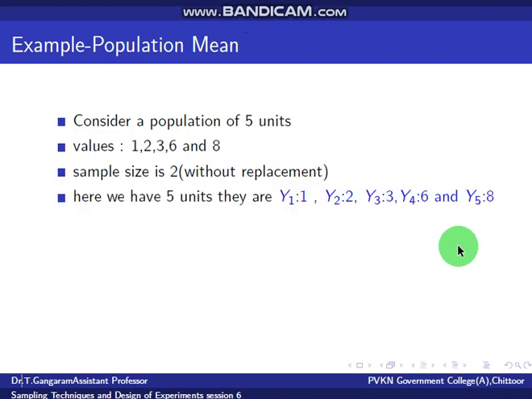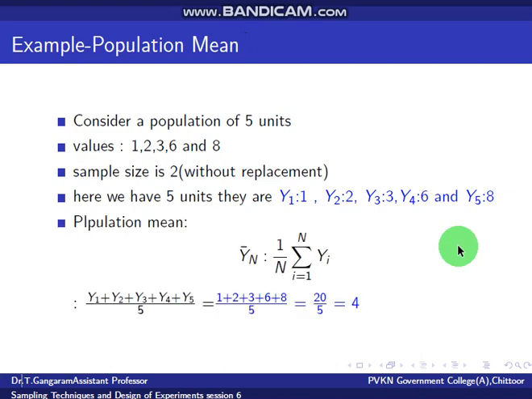Y1 is equal to 1, Y2 is equal to 2, Y3 is equal to 3, Y4 is equal to 6 and Y5 is equal to 8. This is the formula for the population mean: Y bar N is equal to 1 by N into summation i is equal to 1 to N of Yi. Just adding all the population units and dividing by 5, we get 4. 4 is the population mean.